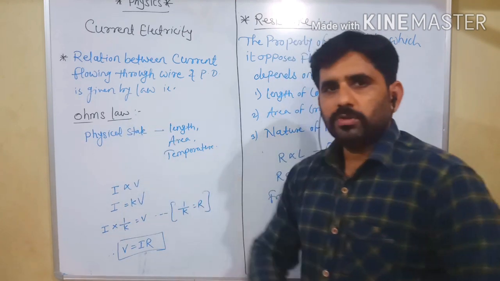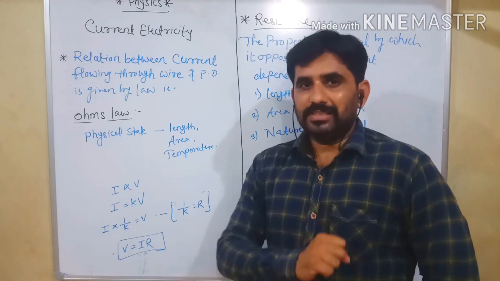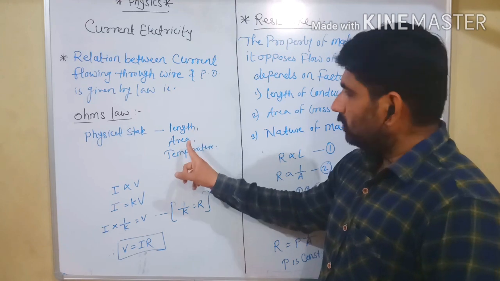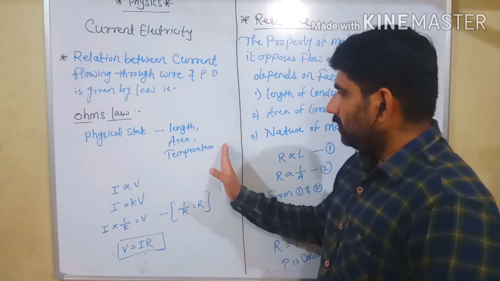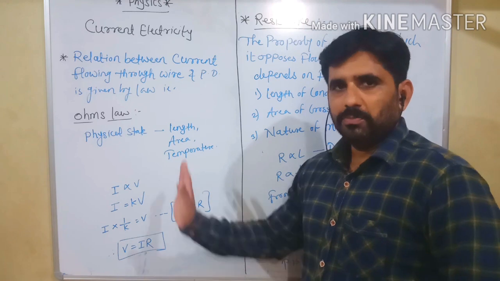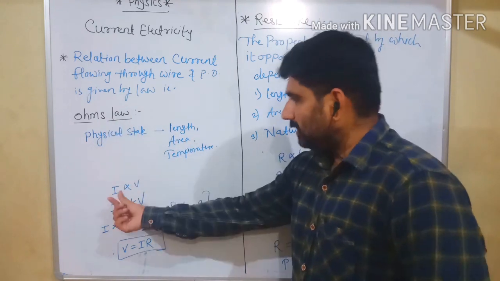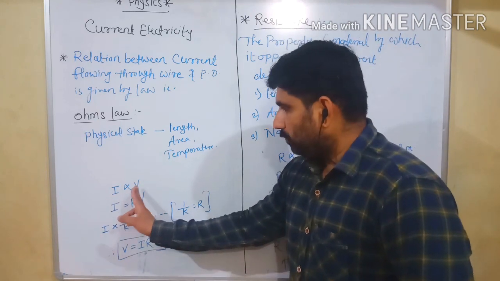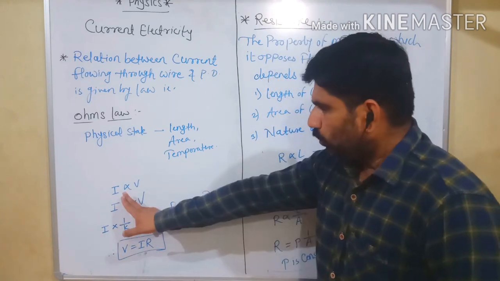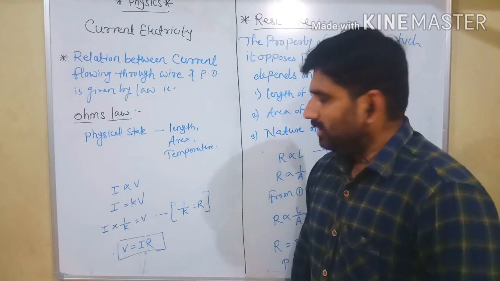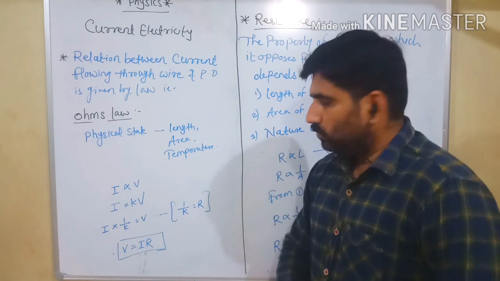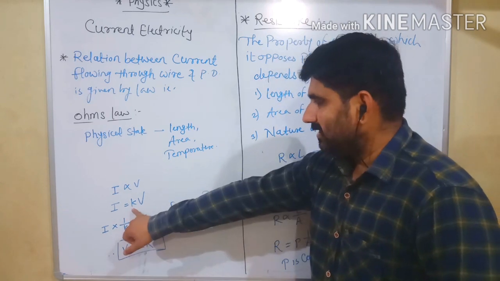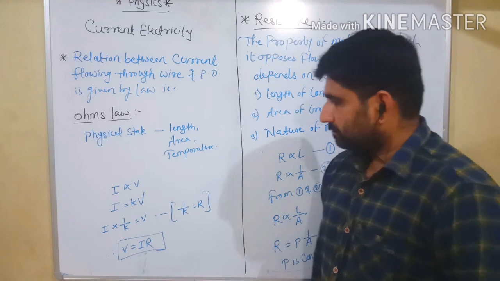But what does the physical state signify here? Physical state indicates the length of the conductor, the area of the conductor, and also the temperature of the conductor. If they are constant, then I is proportional to V. Now to equate this proportionality sign, we use a constant value K, that is I is equal to KV, where K is a constant of proportionality.